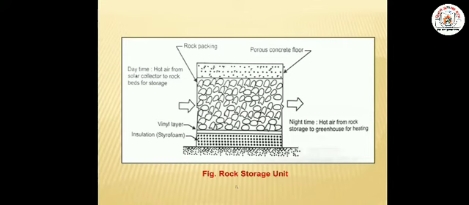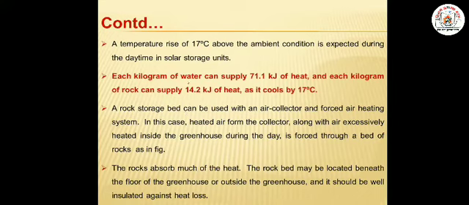This is a rock storage unit. A temperature rise of 17 degrees centigrade above the ambient condition is expected during the daytime in the solar storage units. Each kilogram of water can supply 71.1 kilojoules of heat, and each kilogram of rock supplies 14.2 kilojoules of heat as it cools by 17 degrees centigrade.